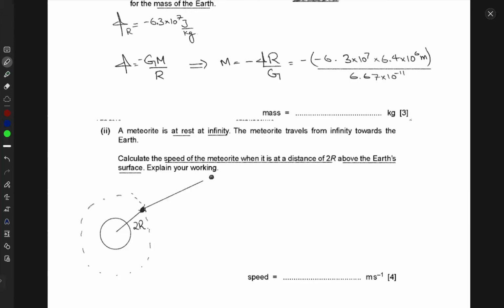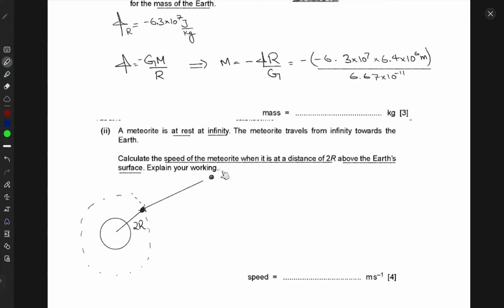Anything else that you might think? Or anyone from the class, anything else that I can apply to this system? Think of it like this. It is very far from the Earth, at infinity.